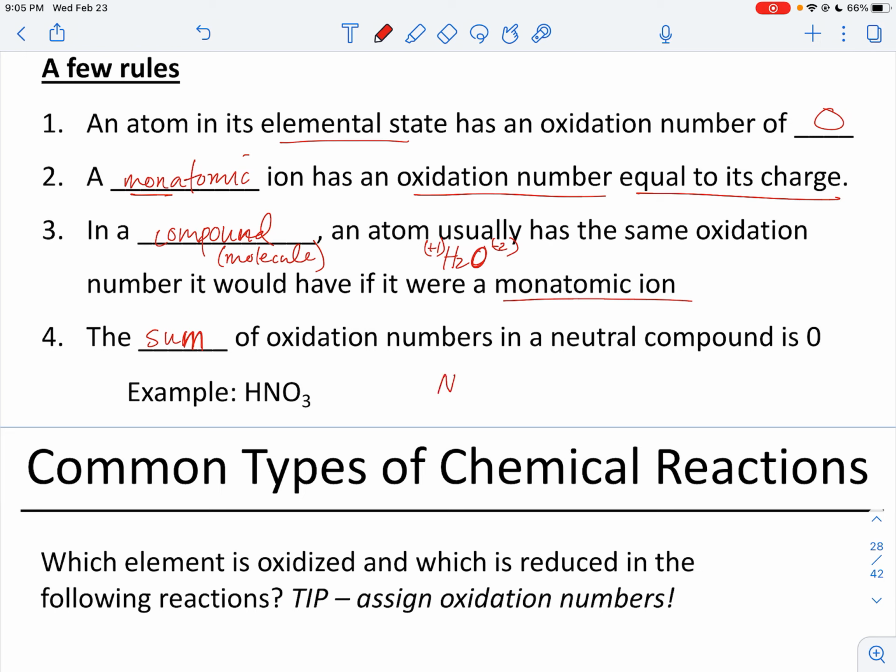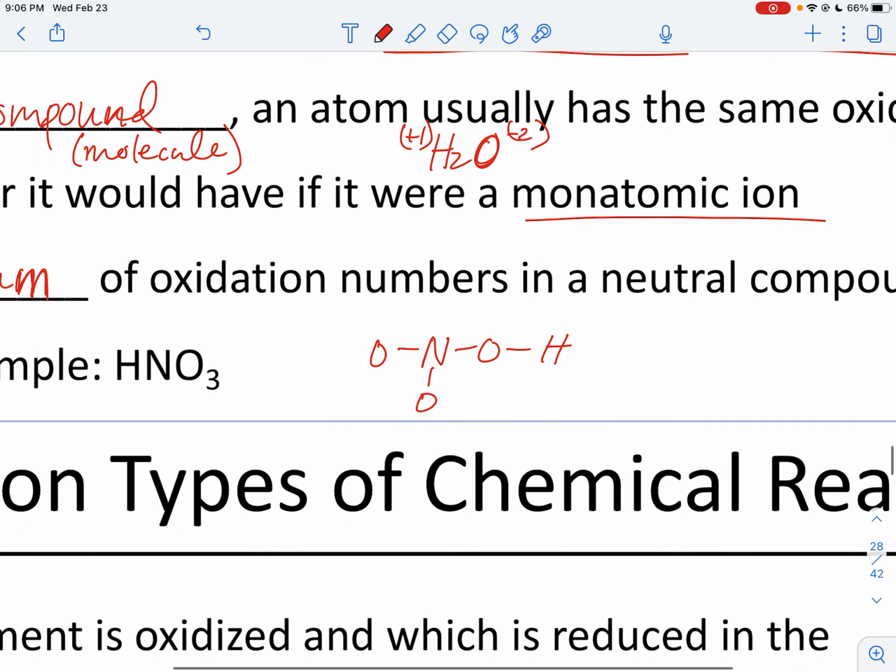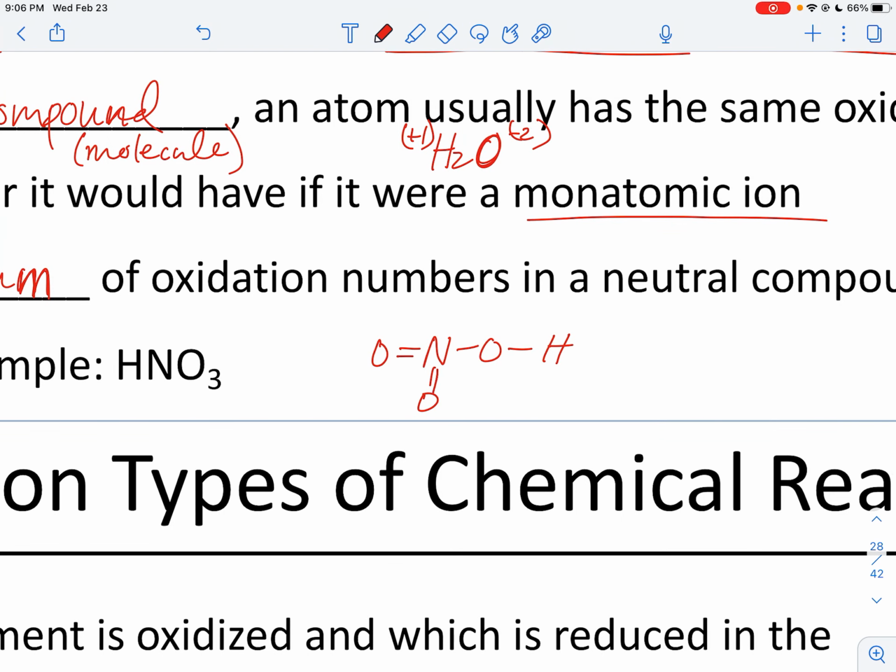I'm going to just briefly draw this out. I'm not going to give you the perfectly correct Lewis structure. I know we should have lone pairs, and I know oxygen doesn't get one bond. I'm not focused on Lewis structures right now. I am just showing you, honestly, you could draw these in. Fine, I'll do it.